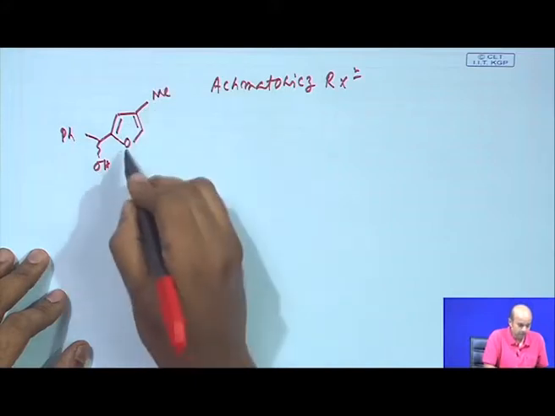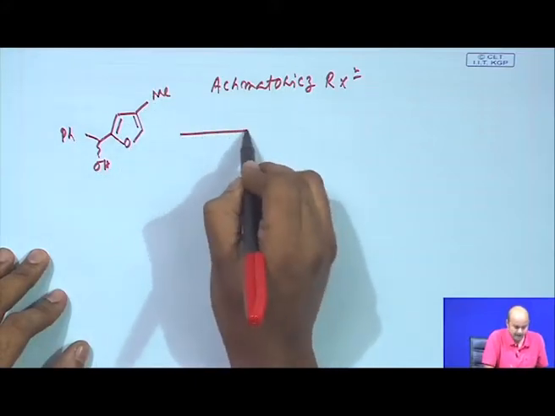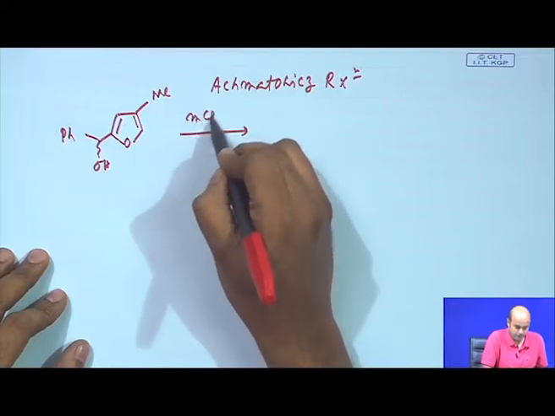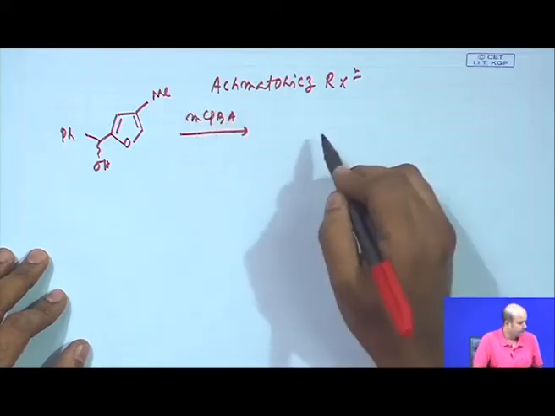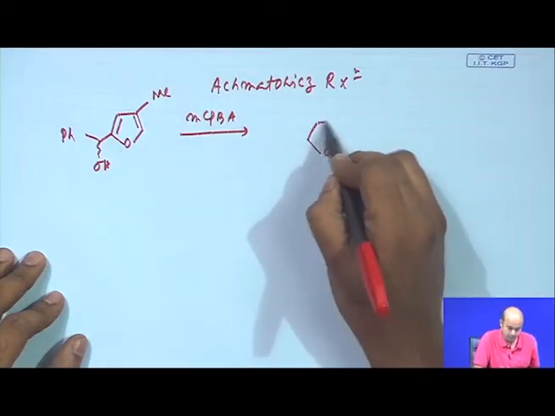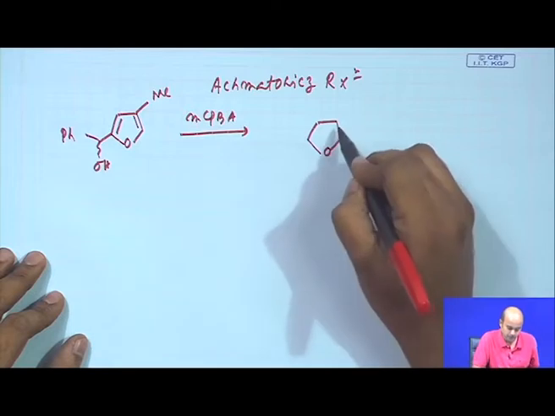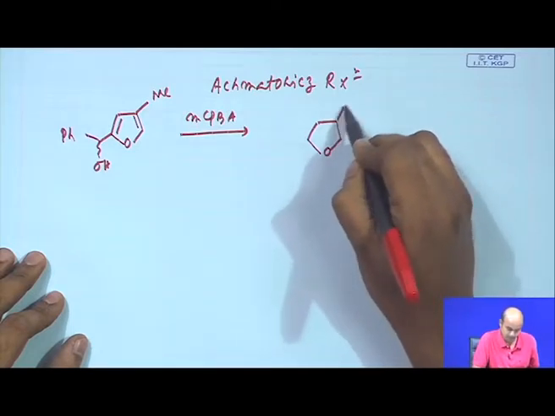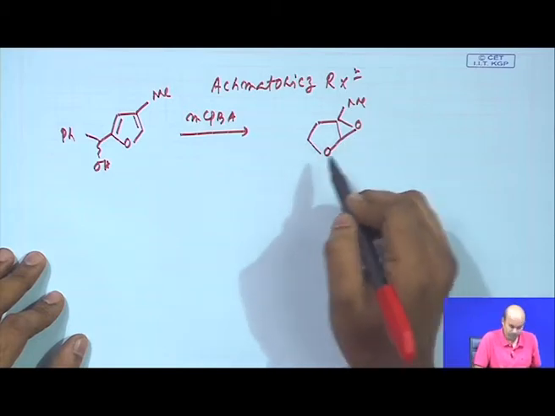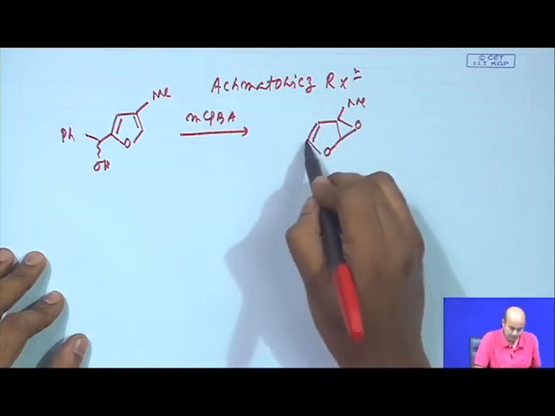Then you take this compound and react with MCPBA, metachloroperbenzoic acid. It was initially postulated that one of these electron rich double bonds in the furan first undergoes an epoxidation reaction.